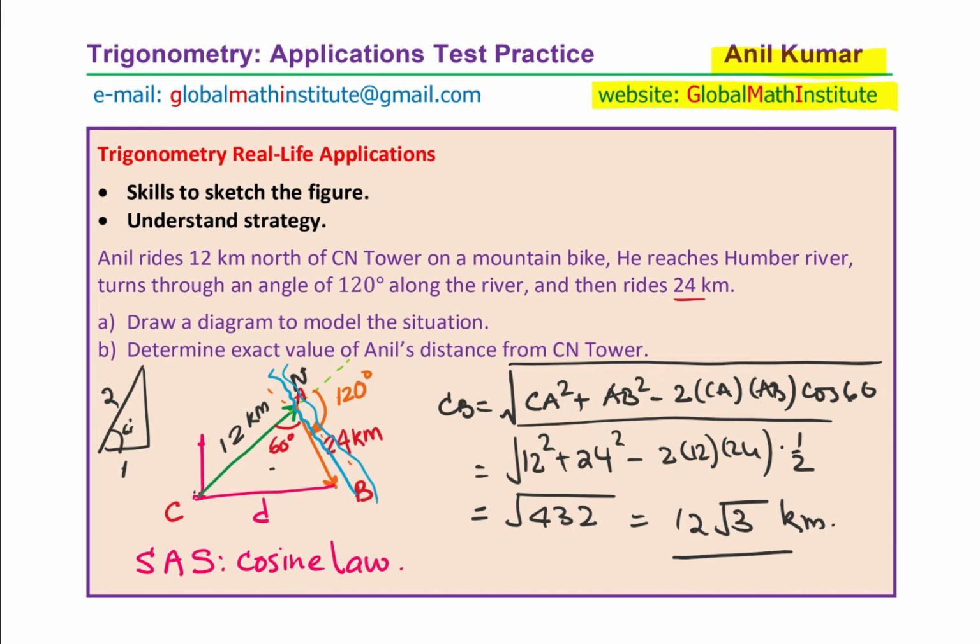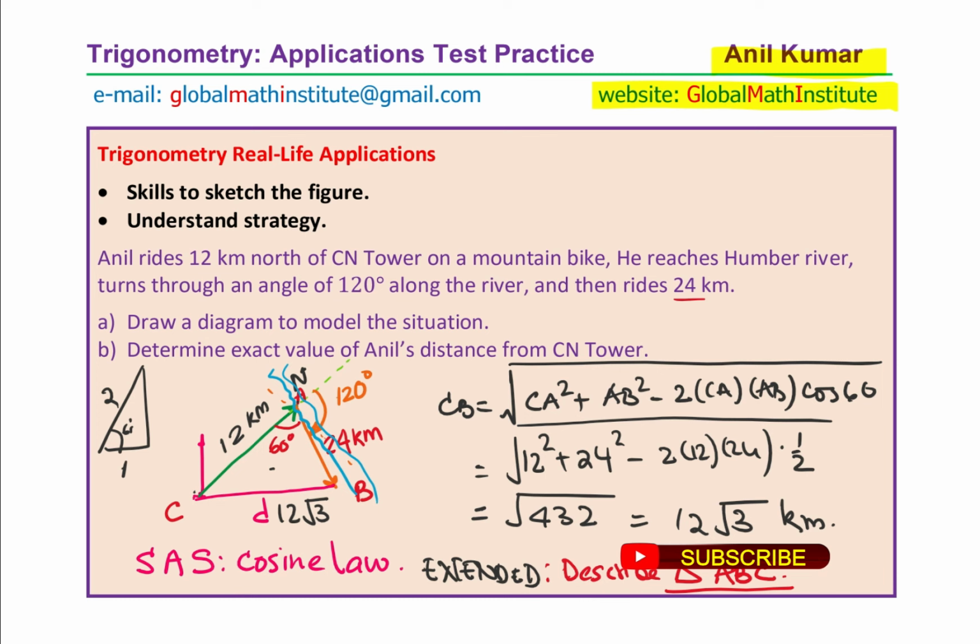So the extended problem for you is, we got this side as 12 square root 3. Now describe the triangle CAB or ABC. Make sense? I hope our strategy is absolutely clear and the diagram was easy to understand.